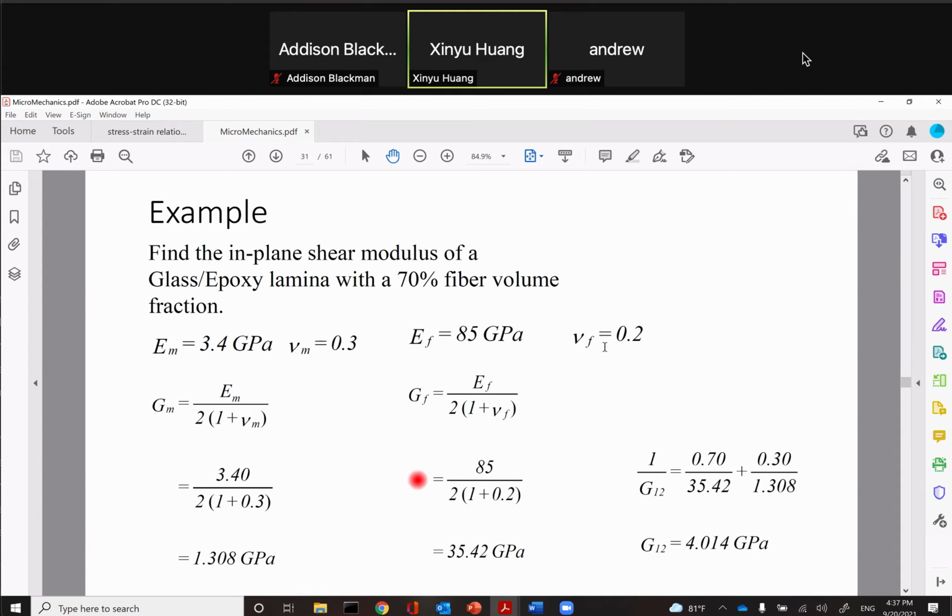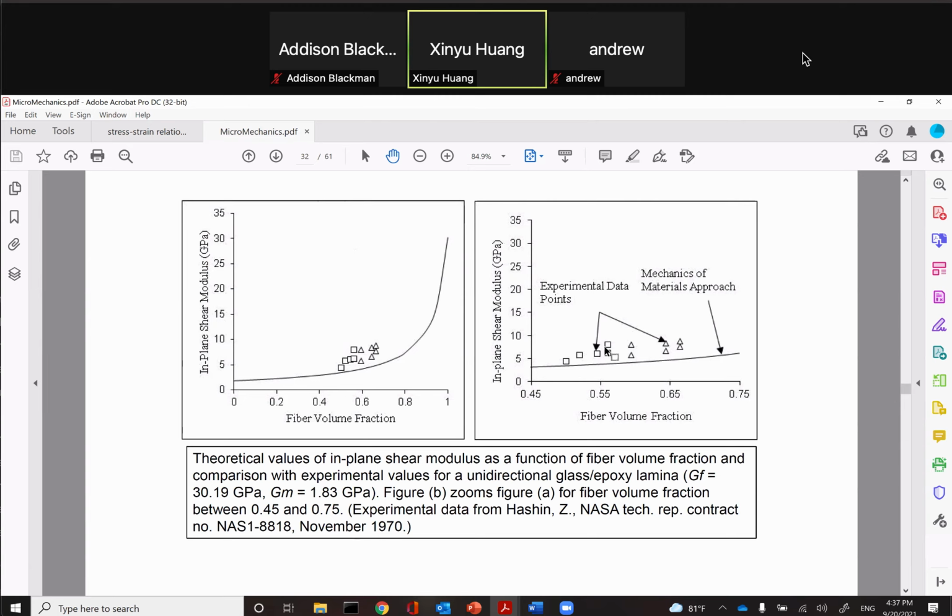It's very low. It's almost equal to the matrix. Okay. All right. And these are the validations. These are measured. What's this volume fraction? These discrete points are the experimental data. These are the models. Okay. So arguably a closer prediction than the other.